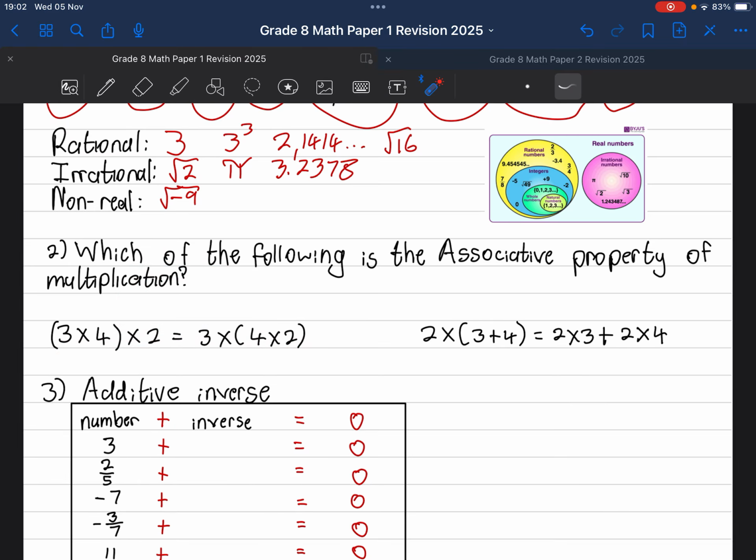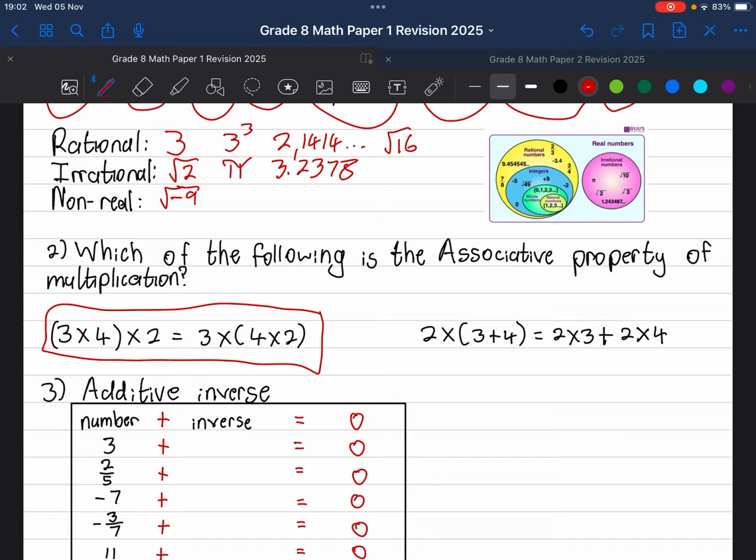And they should get the same answer. That is according to the associative property. 3 times 4 will be 12, and 12 times 2 will be 24. Whereas here we'd have 4 times 2, which is 8, and 8 times 3 is 24 as well. So the associative property of multiplication is this one over here.